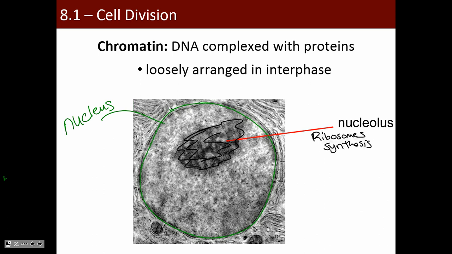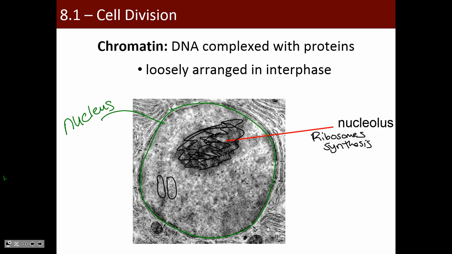So when we look in a cell, we see this sort of dark region, the nucleolus, where the ribosomes are being synthesized. And then we just see this cloud, right? You don't see any defined structures. There's no nice pair of tubes like there was in the previous slide.